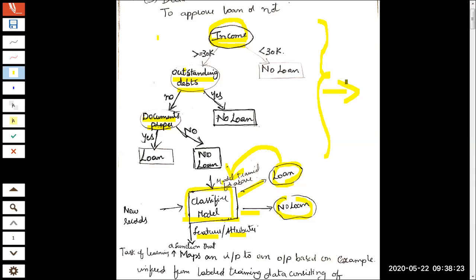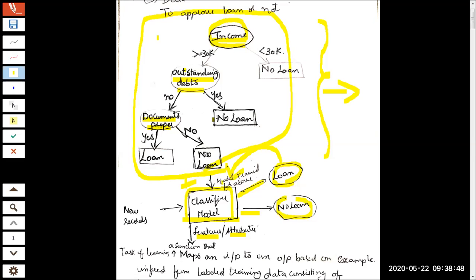So we can have automated systems which can do this in a much more effective way. So we can reduce the load on the bank managers or people who are making decisions regarding these aspects by building appropriate classifiers. So you can see a decision tree which has been constructed to train the classifier for making this decision.